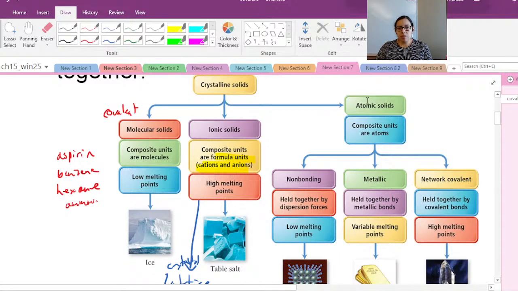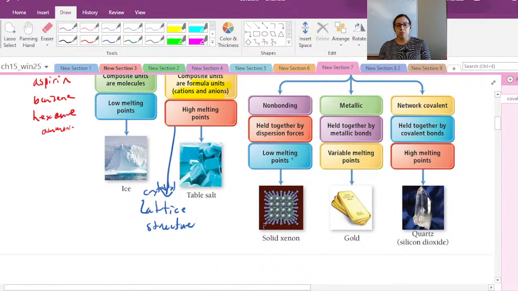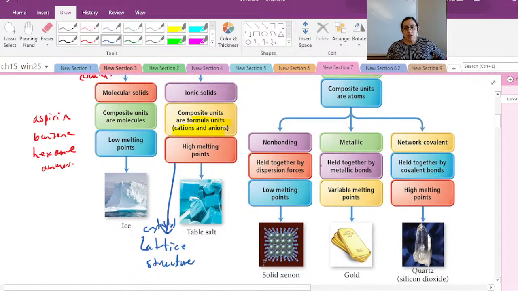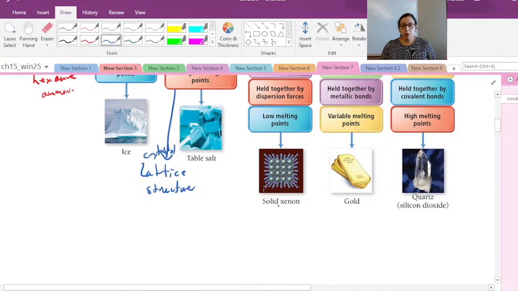And so then we get into these atomic solids, which I think we'll get into a little more detail with the paper that I posted as well. And so we'll look at this, but many of the time it refers to atomic units, so just like atoms. And I'm not sure really if your book is that great when it talks about this, because it just mentions, oh, we have non-bonding atomic solids, and it mentions this solid xenon, but we'll revisit this thought with hydrogen.